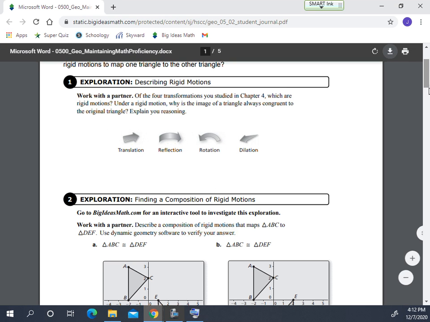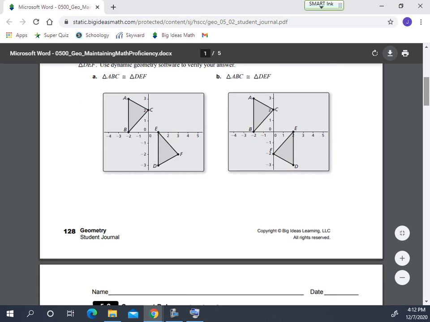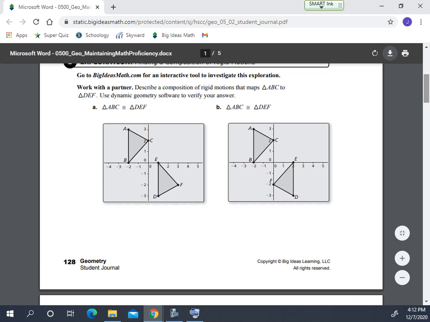Going down here. It says, describe a composition of rigid motions that map ABC to DEF. So how does ABC map onto DEF, and use transformations to describe that? Okay?